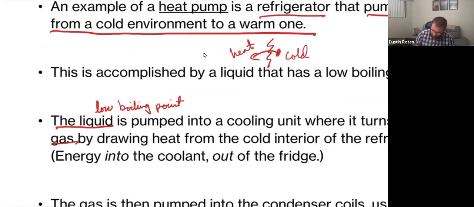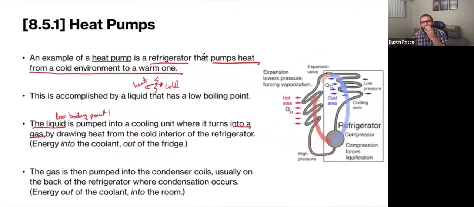And that's really important. So I think a lot of refrigerators actually use Freon. So if we look over here at this example, I will switch this to blue for now.